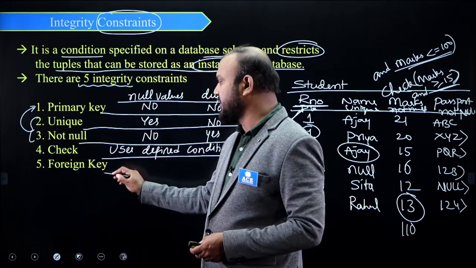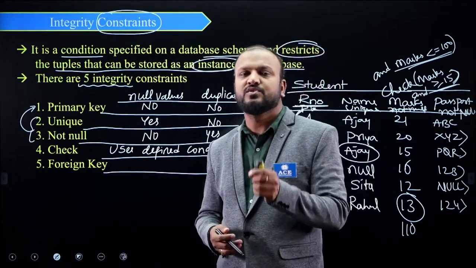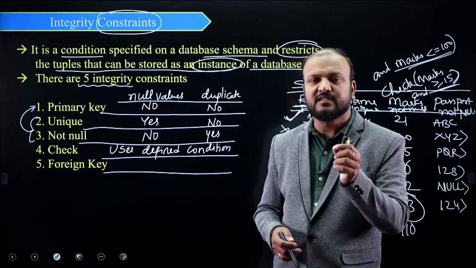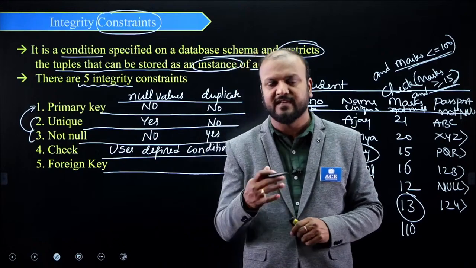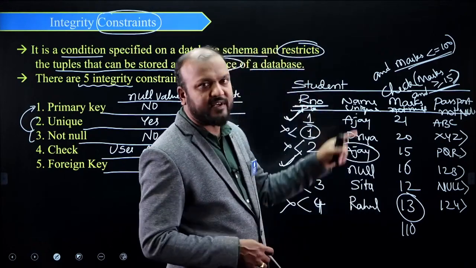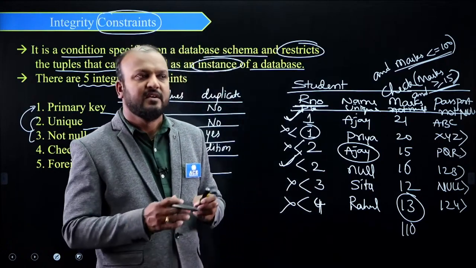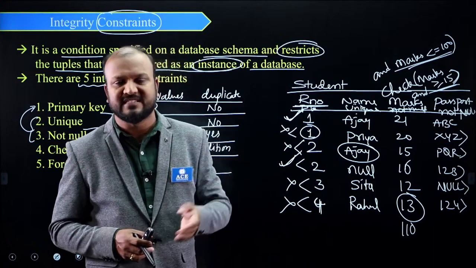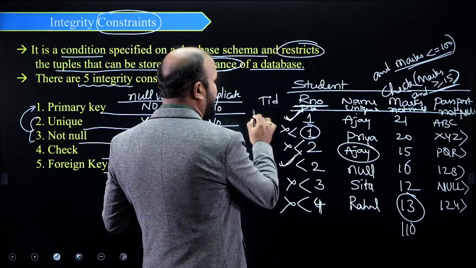Okay, last, foreign key constraints. What is a foreign key? This is used to refer to the tuples of another relation, meaning to have a parent and child relationship, we can have a foreign key condition. Suppose for every student there is a mentor, who is a teacher, like a teacher ID, if I wanted to add it.